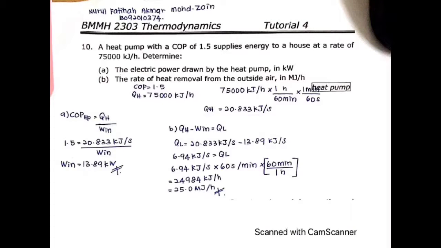So we convert 6.94 kilojoule per second by multiplying 6.94 kilojoule per second by 60 seconds per minute, multiplied by 60 minutes per hour. So the answer is 25.0 megajoule per hour.